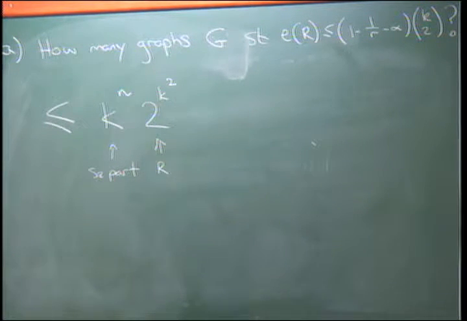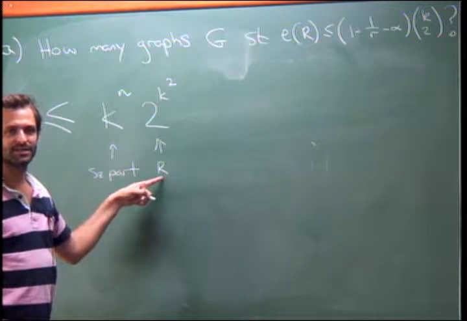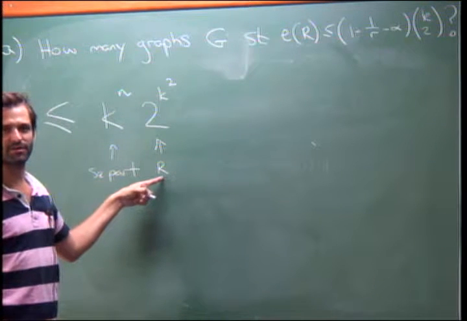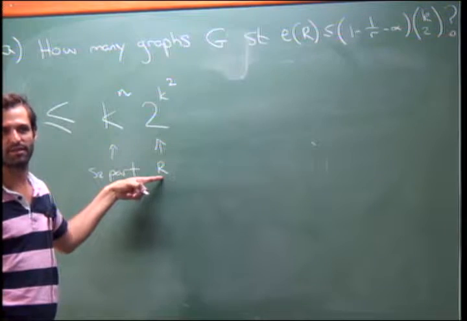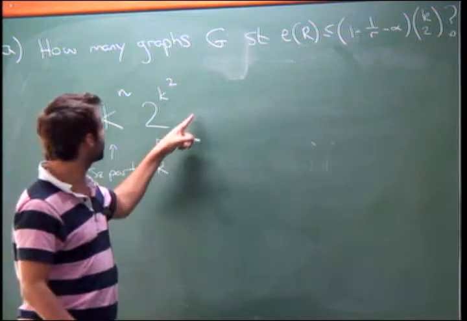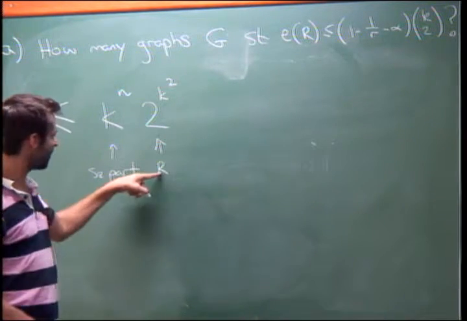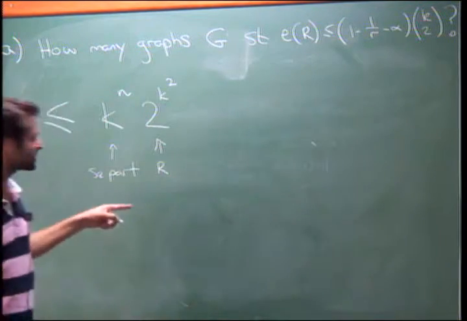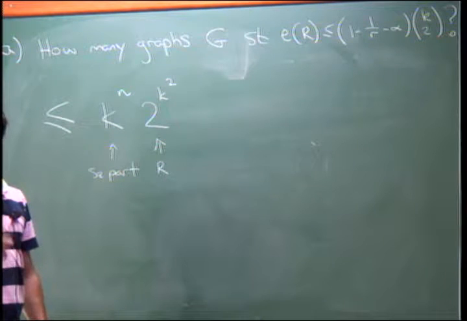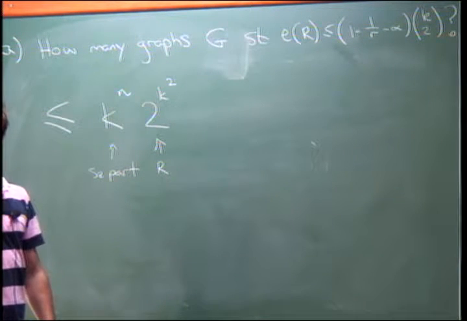And now we've picked the graph R, well, we should choose the edges of G. So for each edge of R, how many choices do we have? Well, it basically could be a random graph. It could be anything. So for each edge of R, how many edges of G are there? As many as n over k, squared.